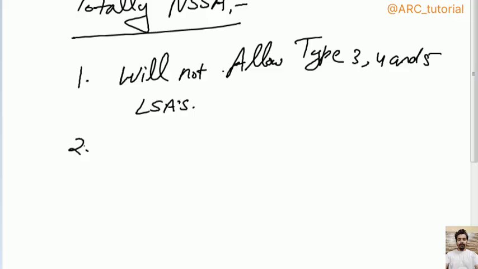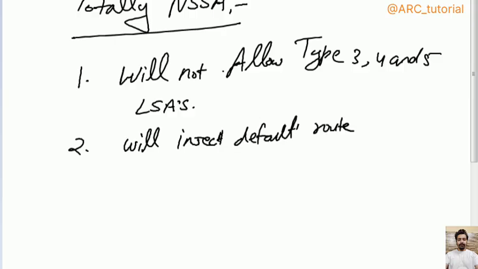Second, it will inject a default route automatically, you can say dynamically, and it will be done by the ABR.